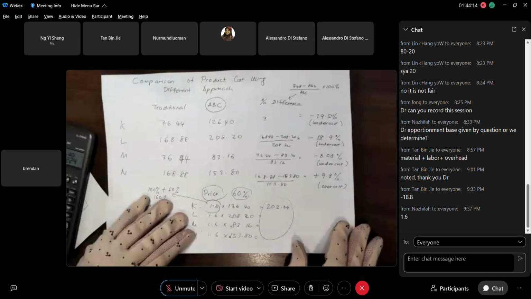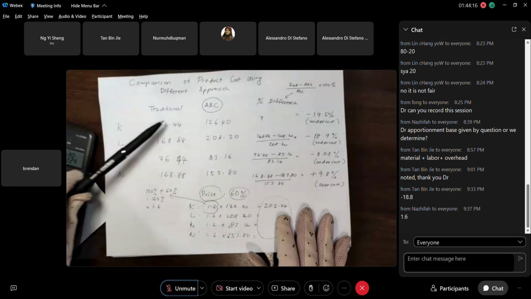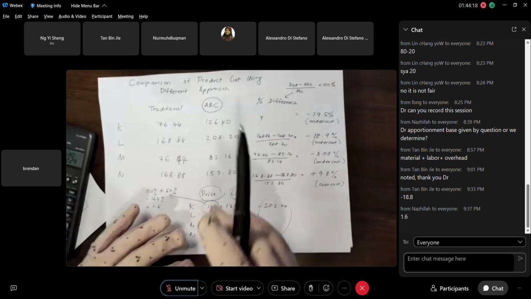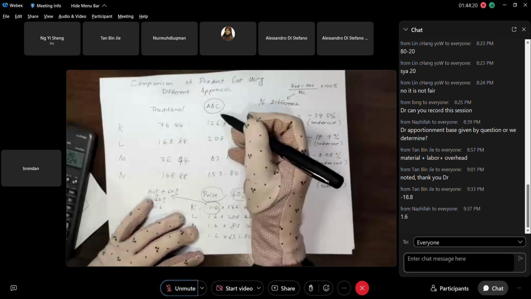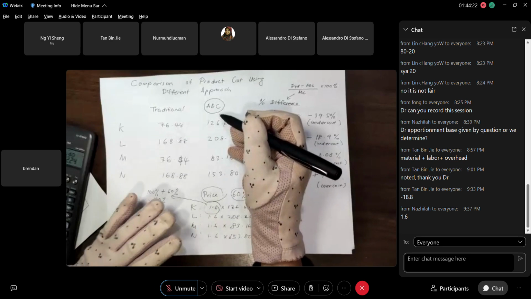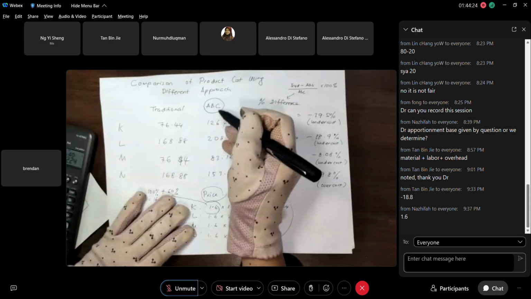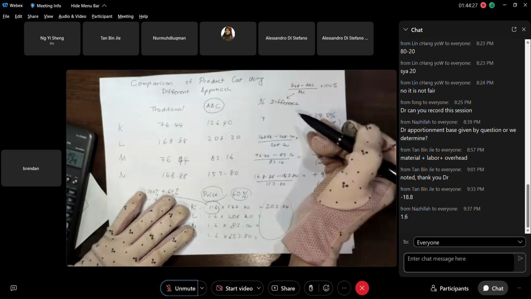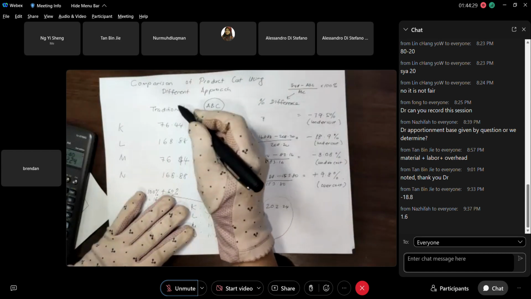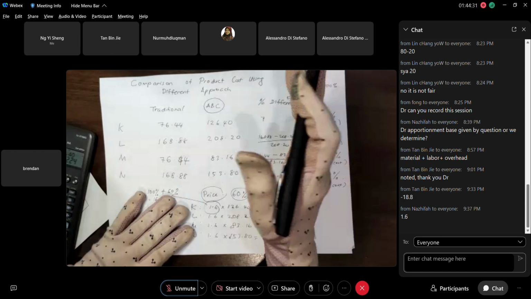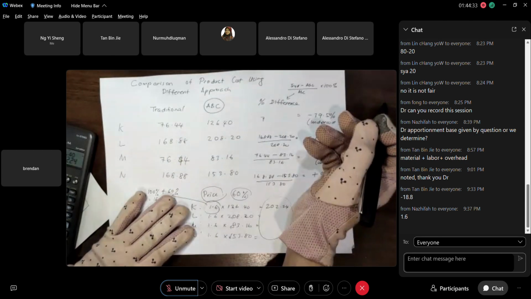Ya. Kita itu based on traditional. Mana ABC minus traditional. Ya. Sebenarnya tak tepat lah sebab kita nak yang based on the reference is ABC. The reference is ABC, not the traditional.